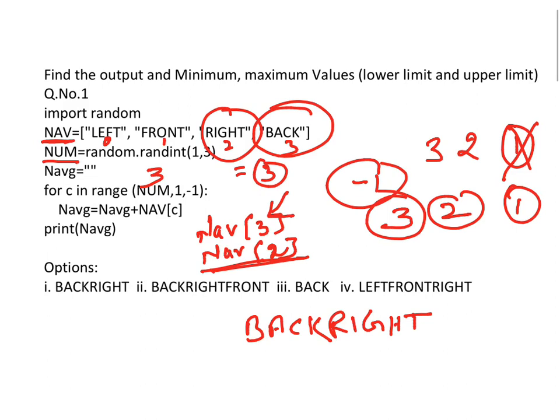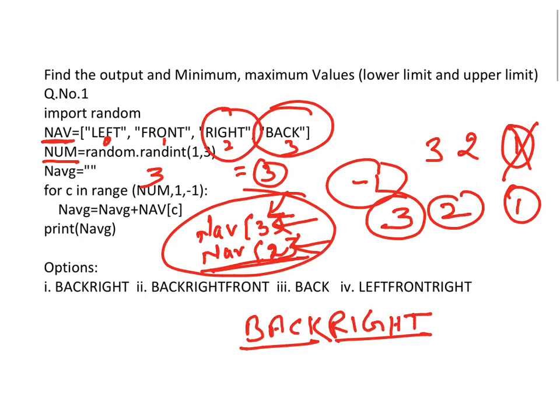So this loop will be executed only 2 times, one for 3 and one for 2. For third the value is BACK, and for second the value is RIGHT. So no other value can be printed here. So your answer will be BACKRIGHT, because when we are printing, no space is given there, so BACKRIGHT will be printed. I hope it should be clear.